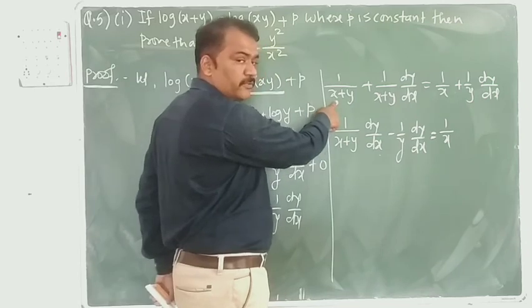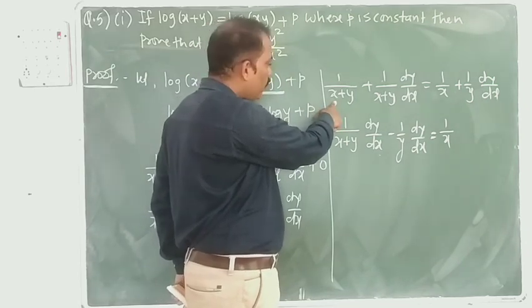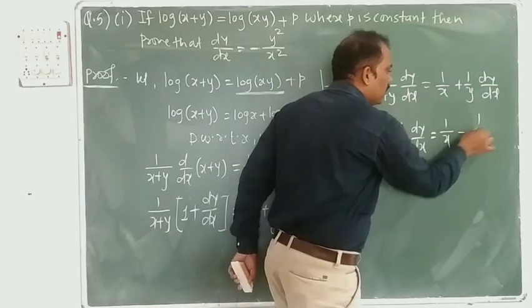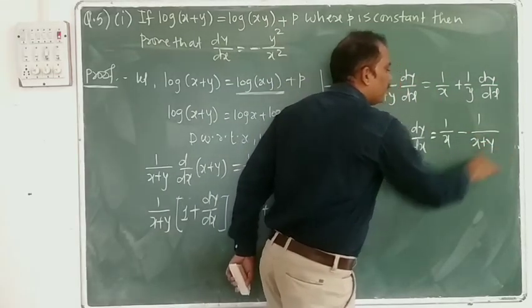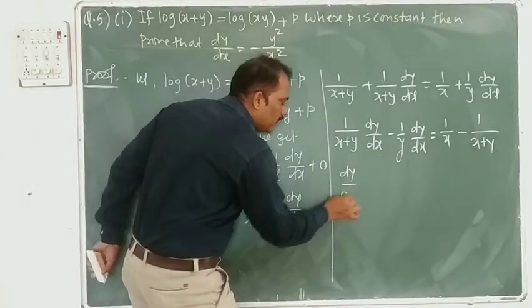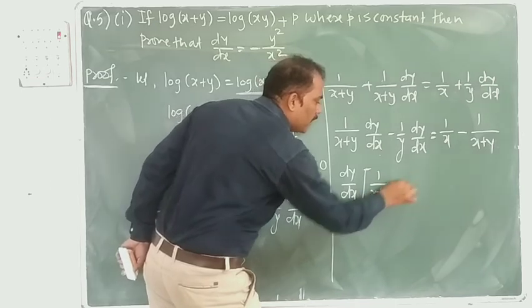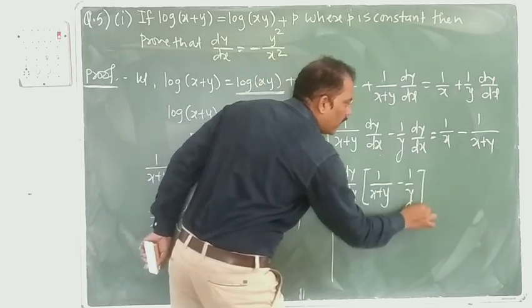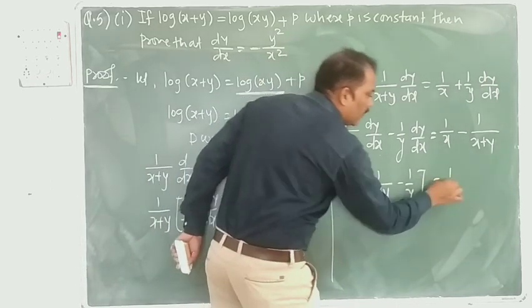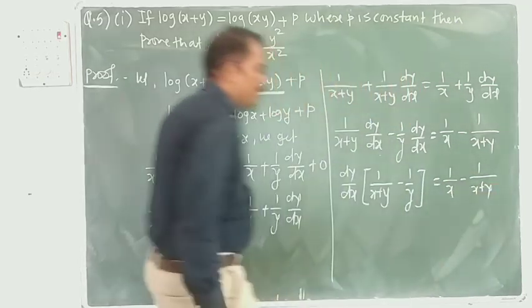We have to transfer this first term from the LHS to the RHS. It is positive on this side, so when we transfer it to the RHS, it becomes negative. From the LHS we take dy by dx common, so dy by dx into bracket 1 upon x plus y minus 1 upon y is equal to 1 upon x minus 1 upon x plus y.